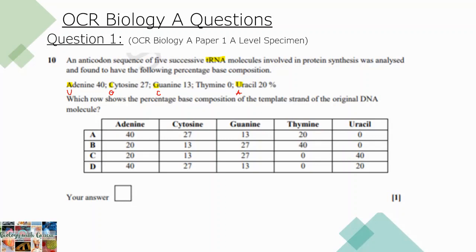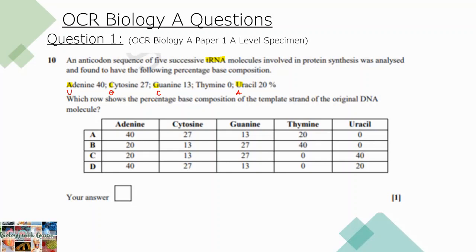So then if we work back again, the template strand is going to have 40% A, 27% C, 13% G, but then we need to remember, because it's DNA, it's going to have 20% for thymine, T, not 20% for uracil.